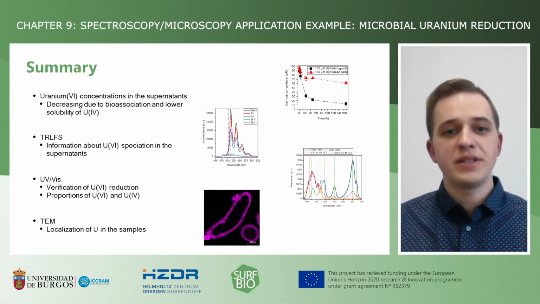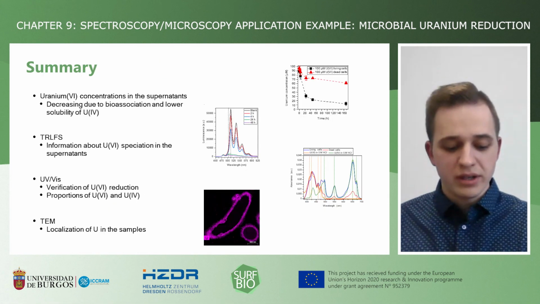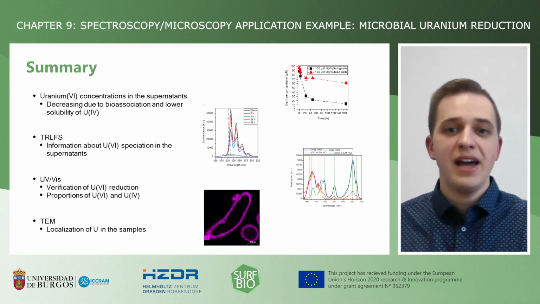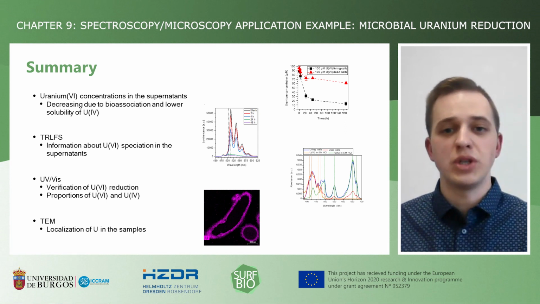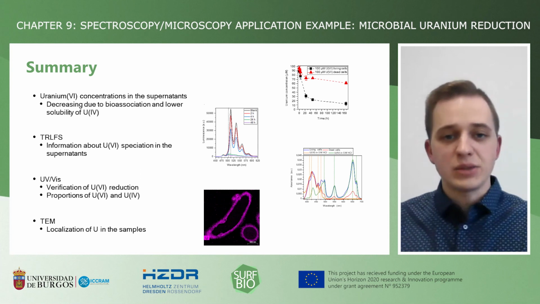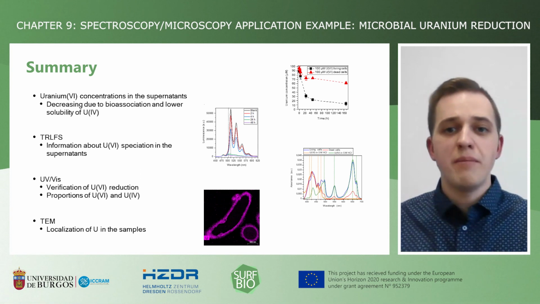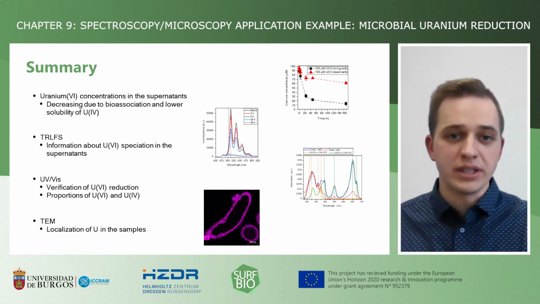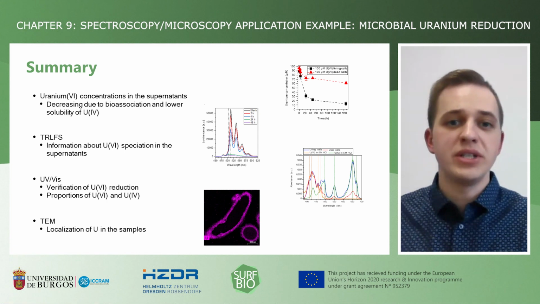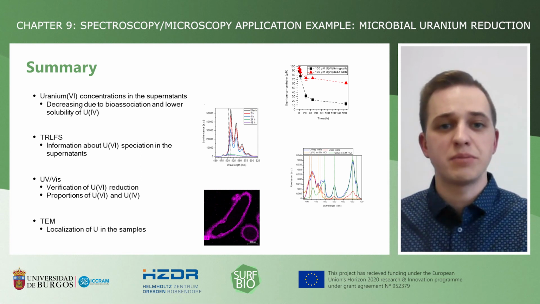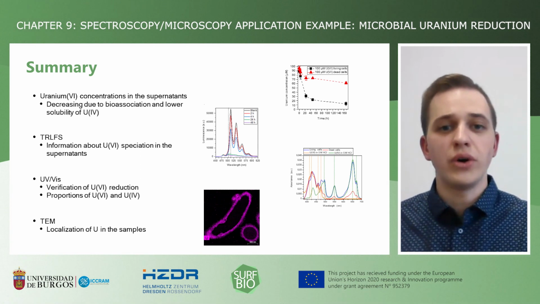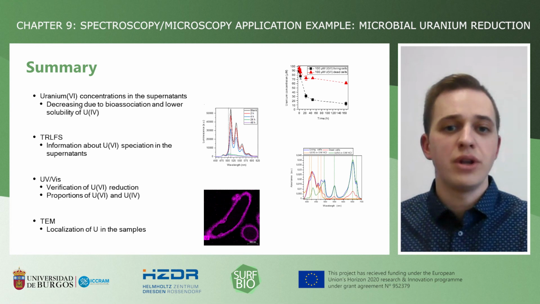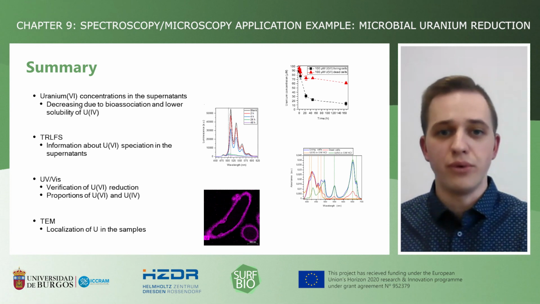To sum up, in this video, we were talking about microbial uranium reduction and its implication on the safe disposal of high-level radioactive waste, as well as on different new bioremediation approaches of contaminated surroundings. We saw that decreasing uranium concentrations in the supernatants provide a first hint for an ongoing uranium-6 reduction due to the lower solubility of the formed uranium-4.